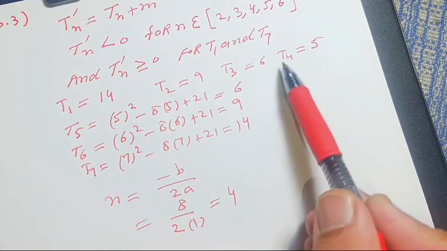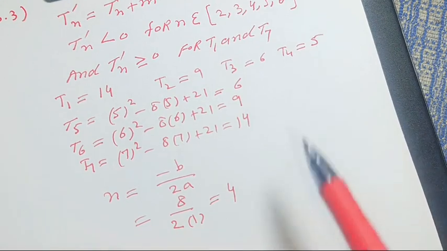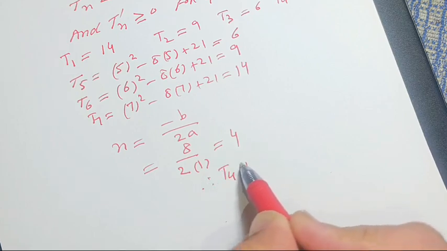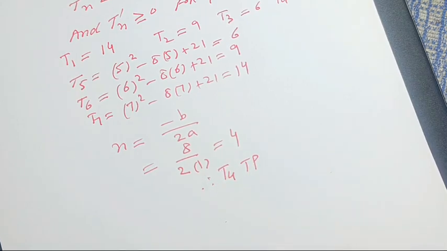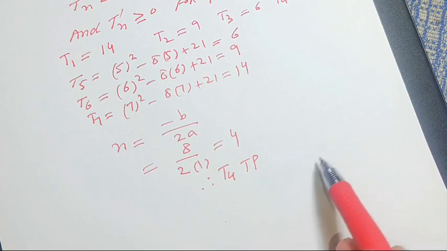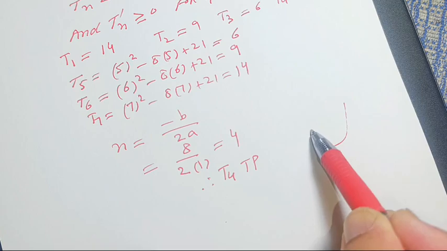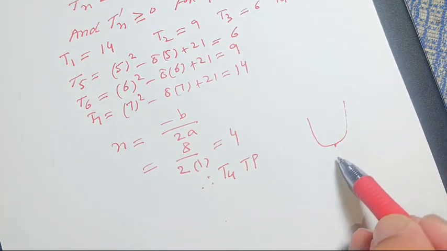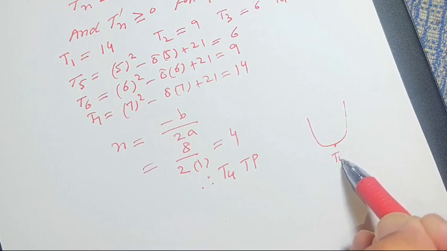So where is term 4? Here. Term 4 is equal to 5. So therefore term 4 is a turning point. Your parabola is like this, and this is your turning point here, which is term 4.